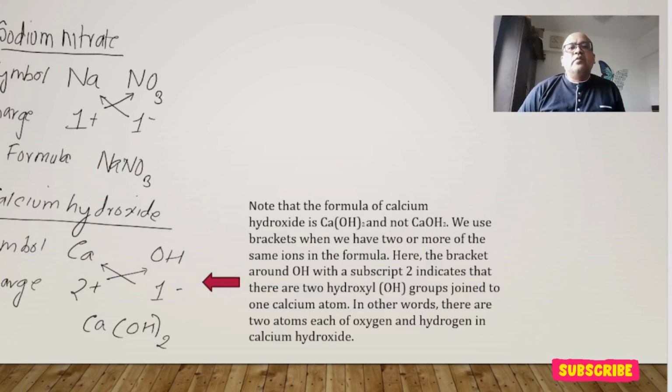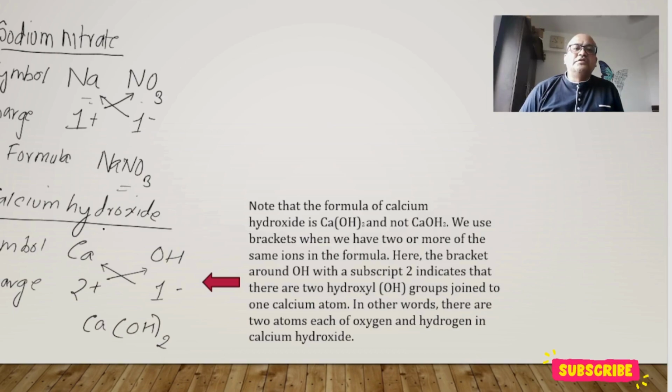Let's take some more examples. Okay, sodium nitrate, right? In sodium nitrate, we need to write down the symbols like this. Charges we write down, 1 plus and 1 minus. So we get the formula like this.